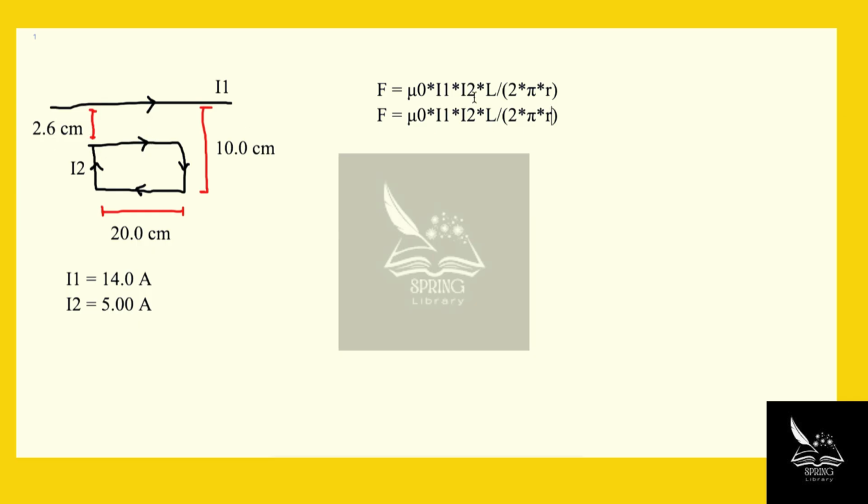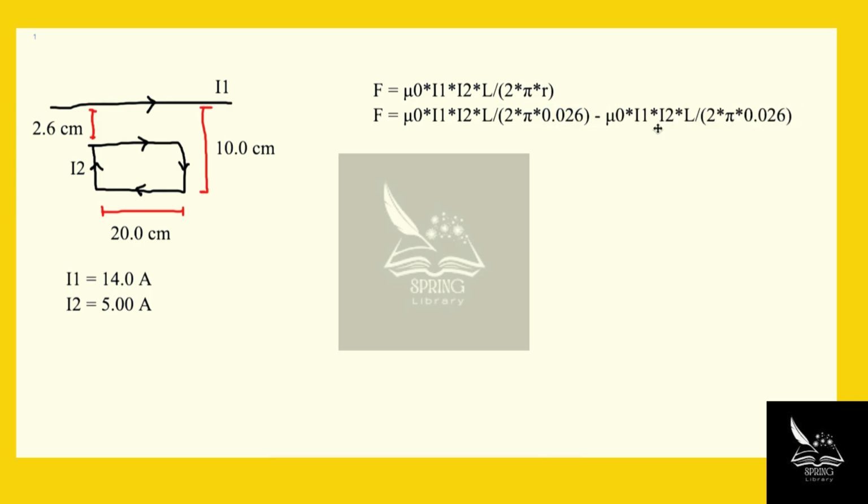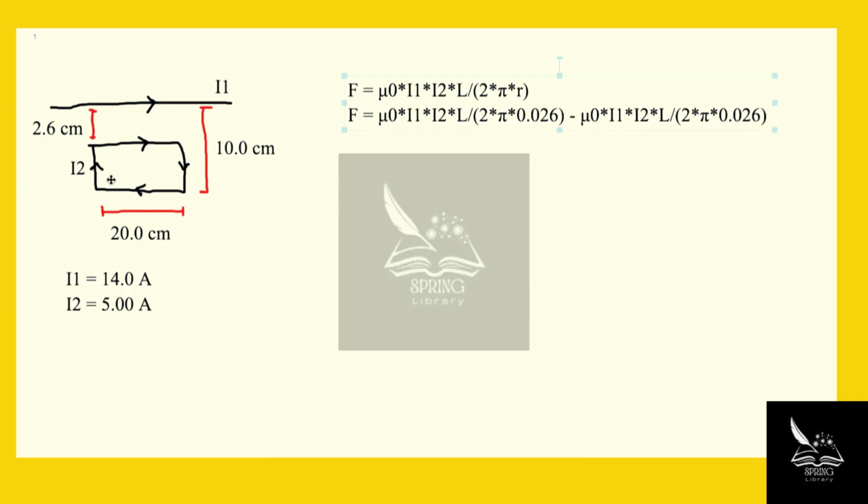That's 2.6 centimeters, which is 0.026 meters. So this is the force on the top wire. And then remember, we want to subtract the result of the force exerted on the bottom wire.